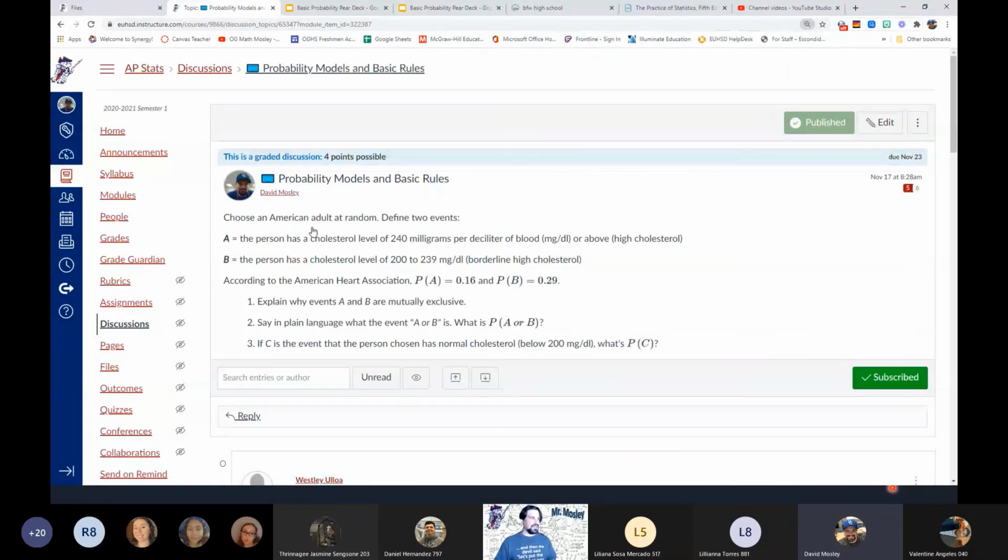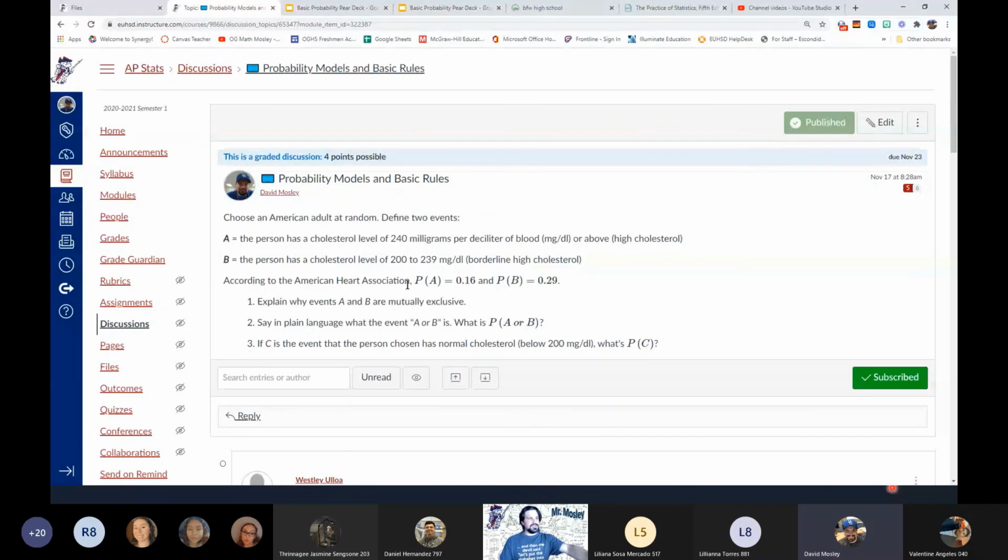All right. And here it is. The scenario, we have two events being talked about. We're going to choose an American adult at random to define two events. A, the event is the person has a cholesterol level of 240 milligrams per deciliter of blood or above, high cholesterol. B is the person has a cholesterol level of 200 to 239 milligrams per deciliter, borderline high cholesterol.